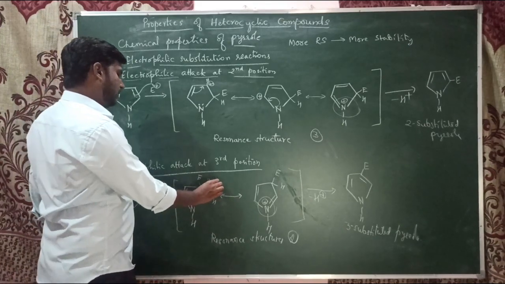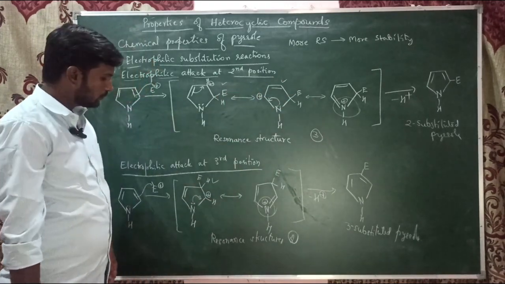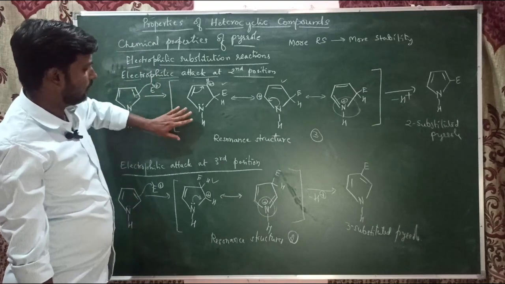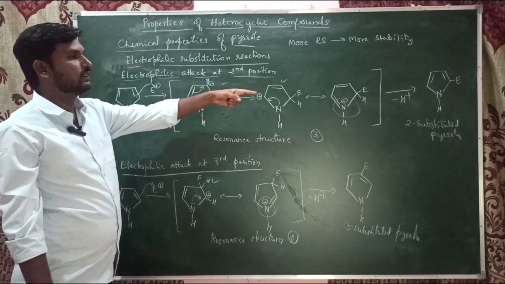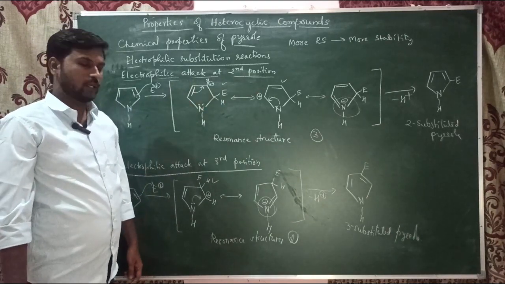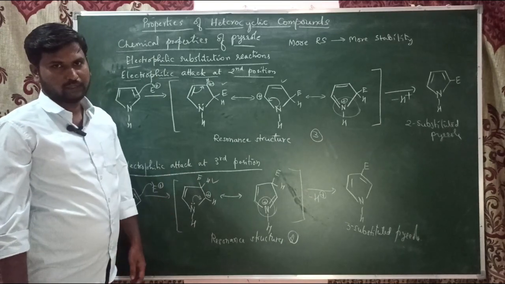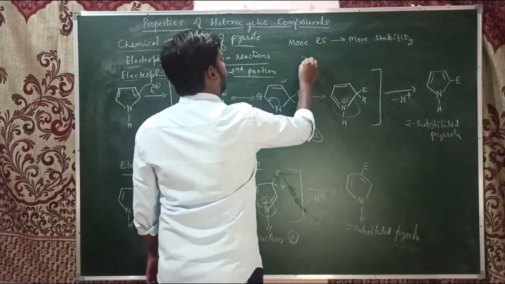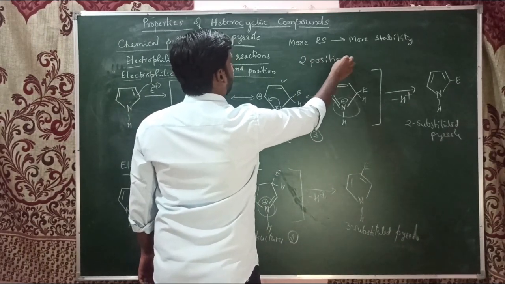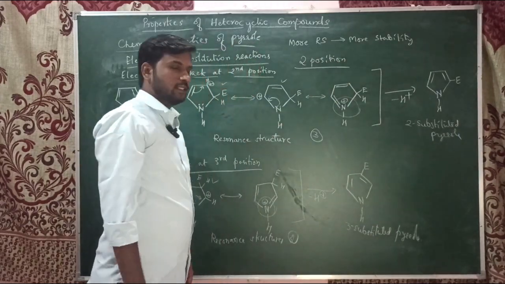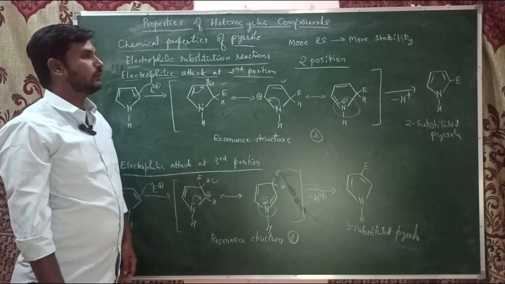This is only one of the stabilized resonance structures, and these two are the stabilized resonance structures. So the second position shows more resonance structures, hence second substituted pyrroles are more commonly found, third is not possible. So that's why when the electrophile attacks at the second position, it gets the most priority.